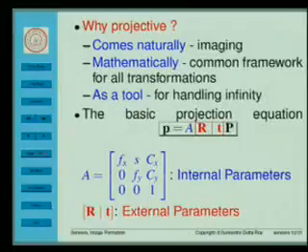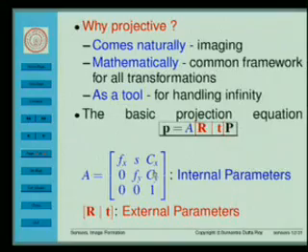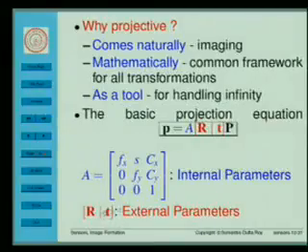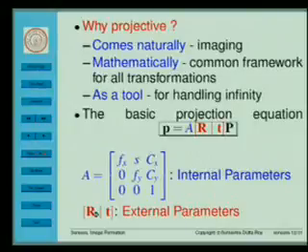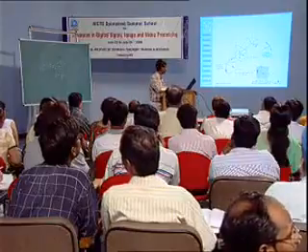This is called an aspect ratio. People in graphics or imaging would definitely know what an aspect ratio is, and there might be a skew. So, there is one parameter to account for skew as well, and then there is the principal point, which is exactly where the principal axis cuts the image plane. And of course, we have the external parameters, which are a Euclidean transform, essentially 3 rotation angles and 3 translations. So, this is a common model of perspective projection.